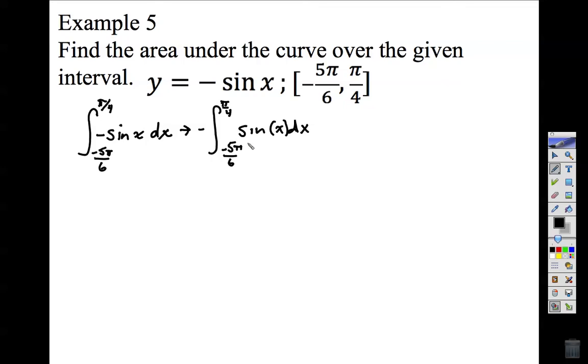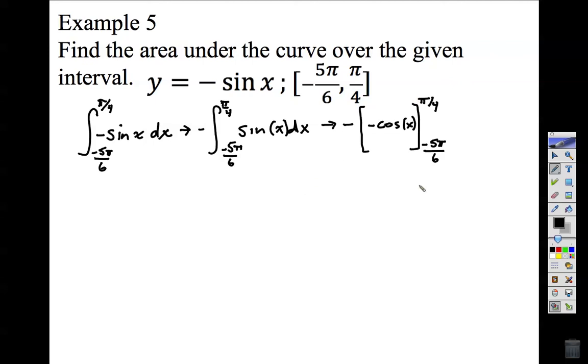From here, the antiderivative of sine is cosine. So this negative, I was wrong, I'm sorry. The antiderivative of sine is negative cosine. So this negative is this one right here. The antiderivative of sine is negative cosine of x, solved between negative 5 pi over 6 and pi over 4.